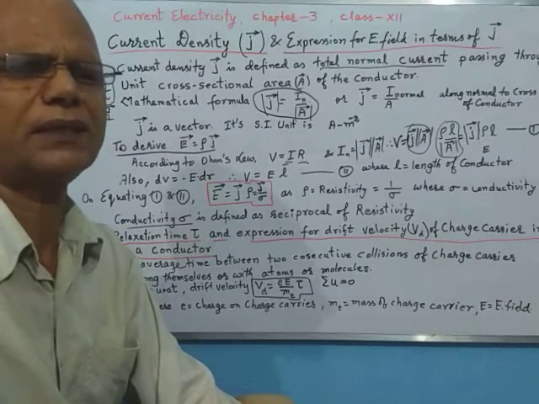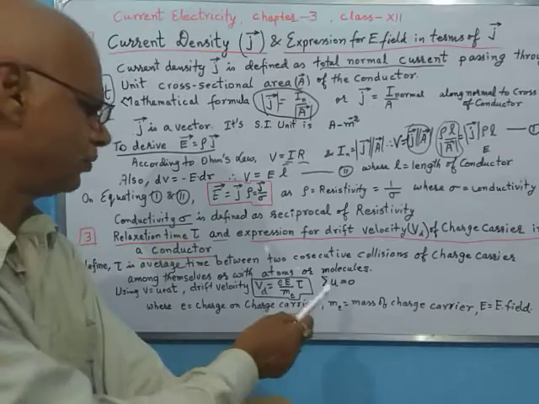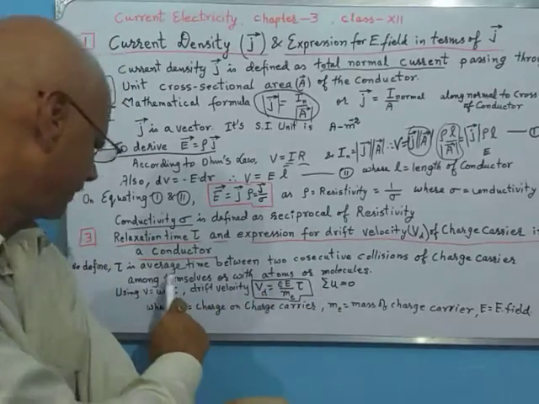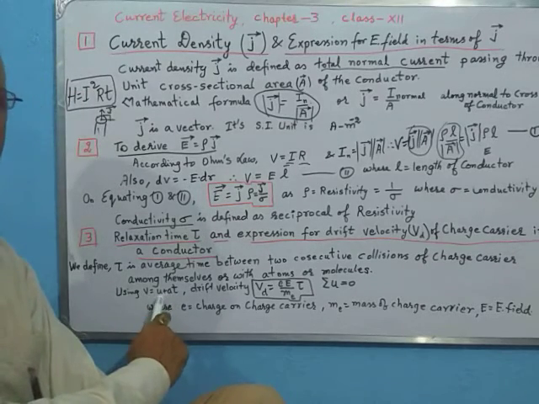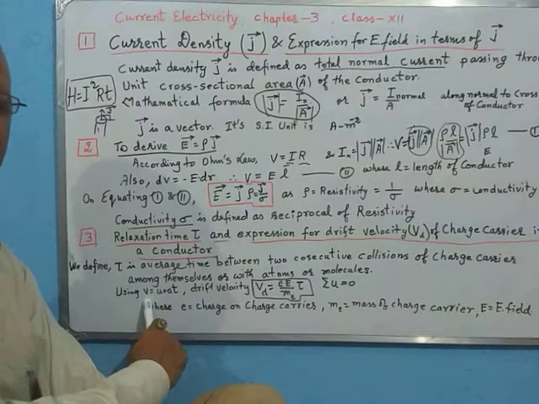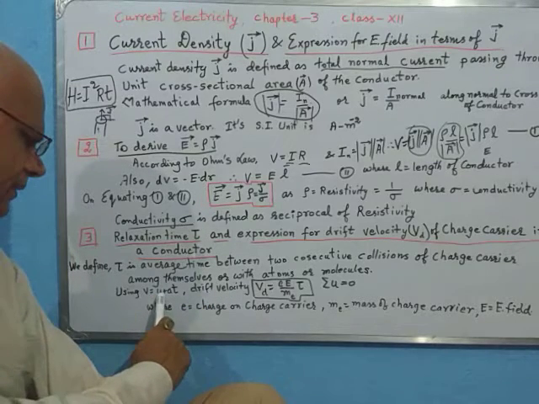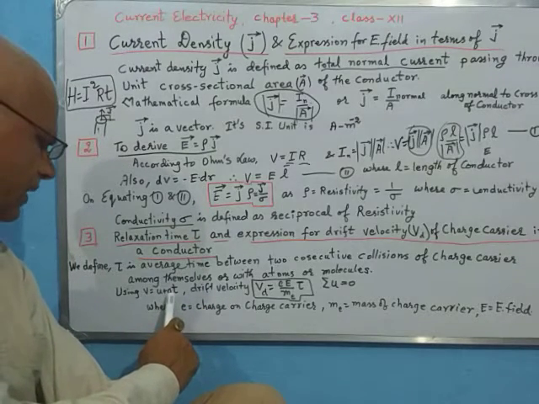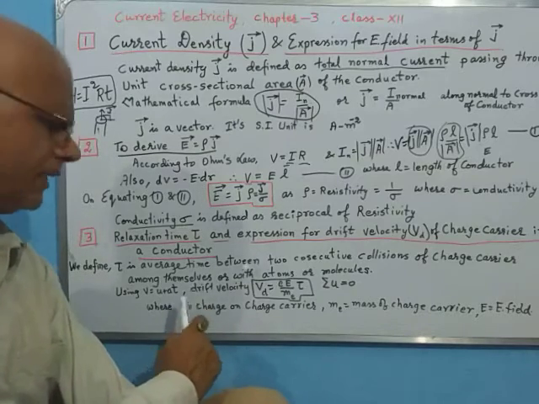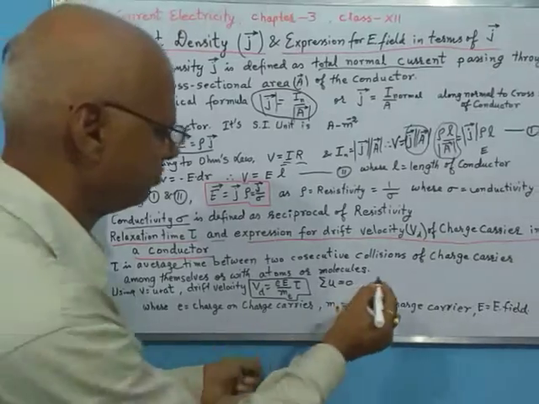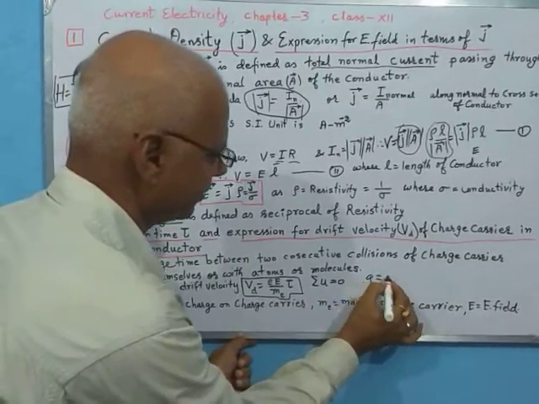So that's why we take the sum of initial velocities as 0. In v equals u plus at, u, the summation of all initial velocities when no electric field was applied, is taken to be 0. So we are left with acceleration and time. Now acceleration is force upon mass.